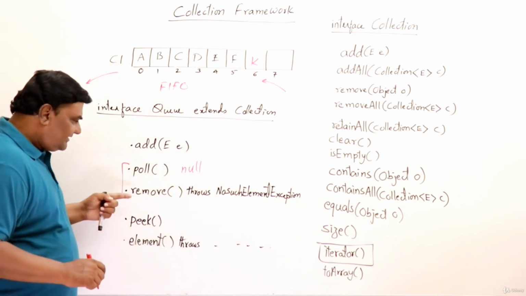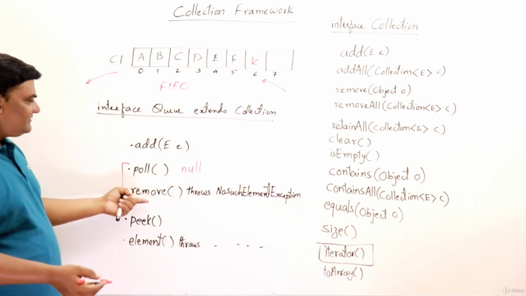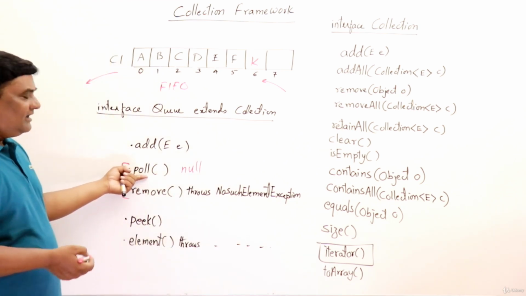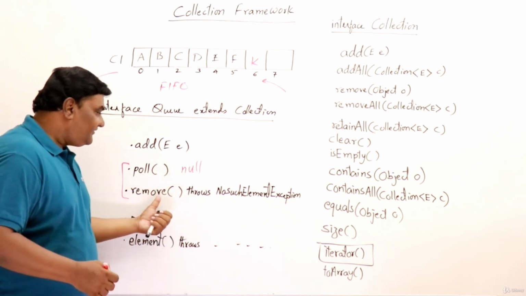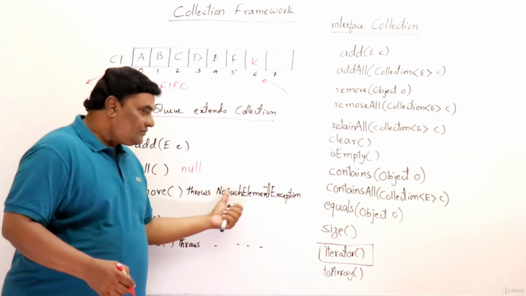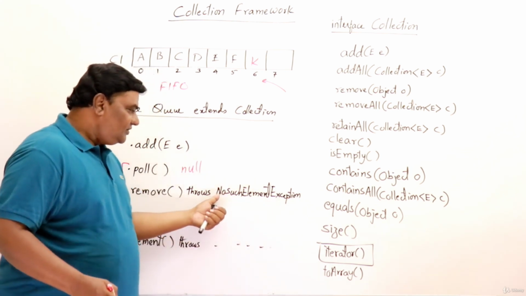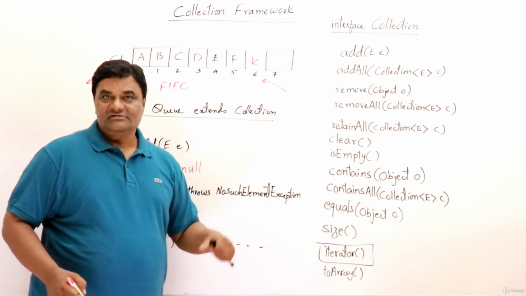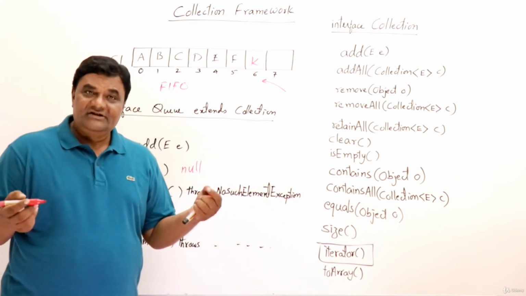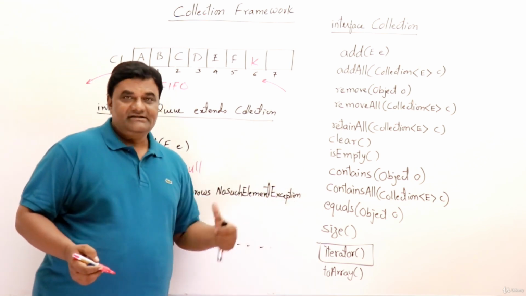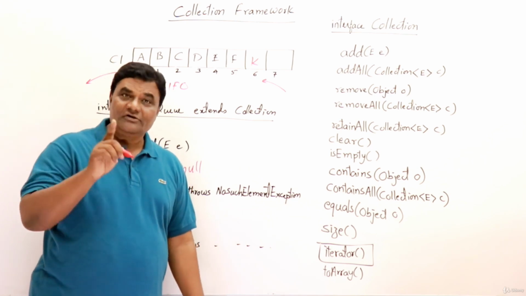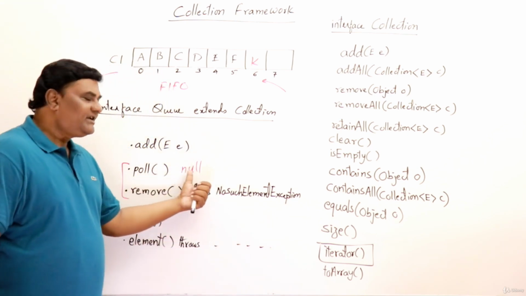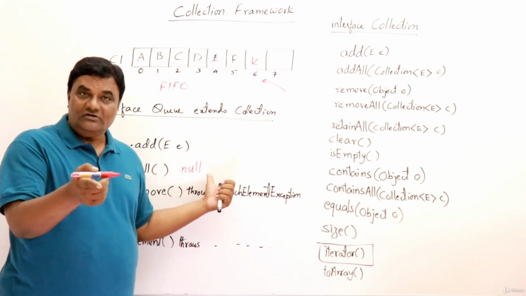Then one more method is there, remove. This also does the same thing as poll, but the difference is if the queue is empty, then it throws an exception, the no such element exception. So when you are calling poll, you should be ready to check whether it is null or not.